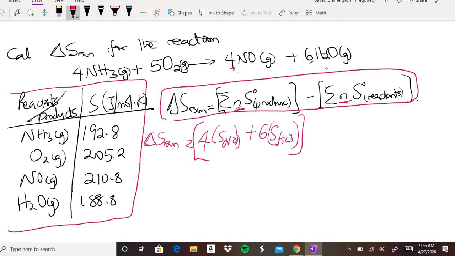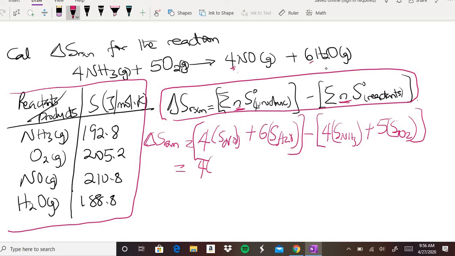These are our products. For the reactants we have 4 of the entropy for ammonia plus 5 of the entropy of oxygen gas. So we plug in all these values here.